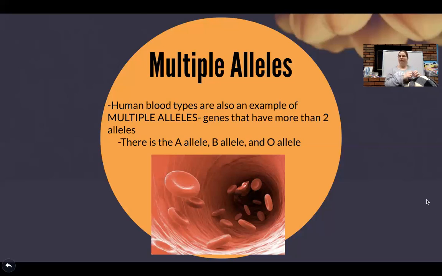Homozygous A, heterozygous A. Homozygous B, heterozygous B. Heterozygous AB, or homozygous O. Now, again, everyone only has 2. They either have AA, AO, BB, BO, AB, or OO. But because there are more than 2 alleles, that can amount to larger possible combinations.